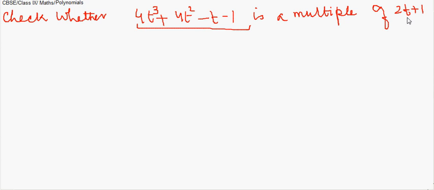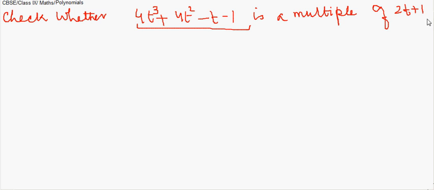That means 2t plus 1 is a factor of this. When a number is a factor of a given number, when you divide, the remainder should be 0. That means if I divide the given polynomial by 2t plus 1, the remainder should be 0.